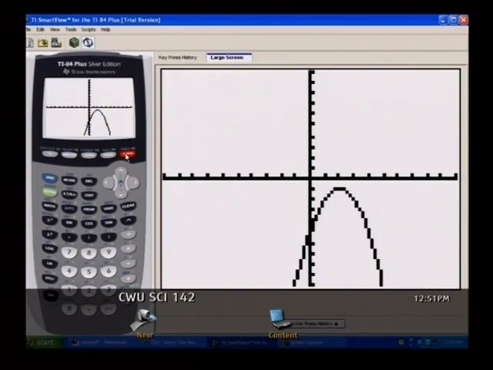We'll get another one up here for you to work on. Okay, here's your next graph. Okay, try to make your graph match my graph.